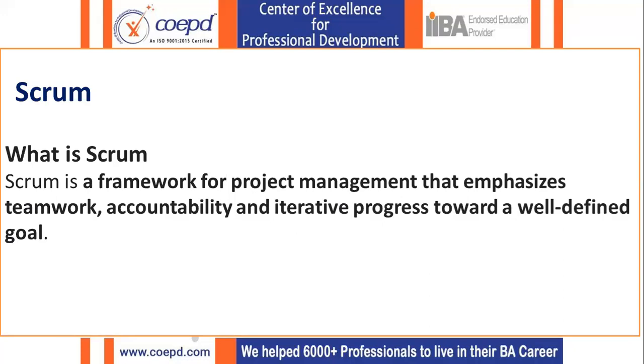No matter which framework we use, everybody follows a set of procedures, which is why Scrum is a framework that emphasizes teamwork, accountability, and an iterative process. Eventually, why would we want to do this? To gain closure of the application, right, guys?